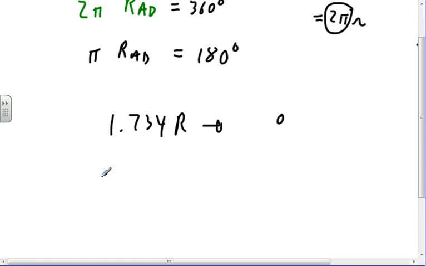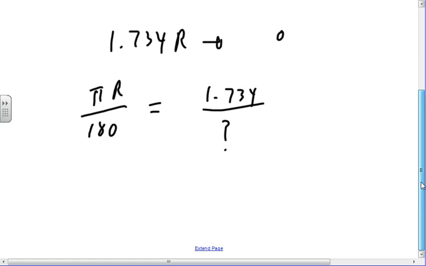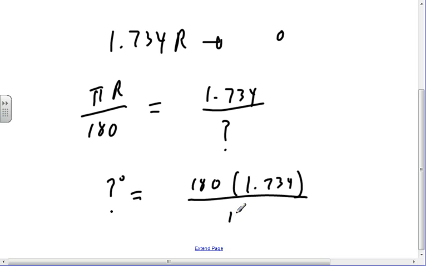So anyway, I know that if I have pi radians, I have 180 degrees. So if I have 1.734 radians, how many degrees do I have? I'm going to do a simple ratio thing. The number of degrees unknown is going to be, cross multiply, 180 times 1.734 divided by pi.